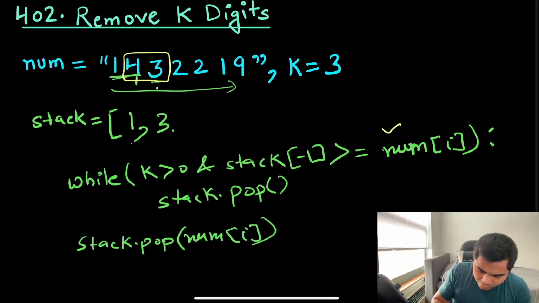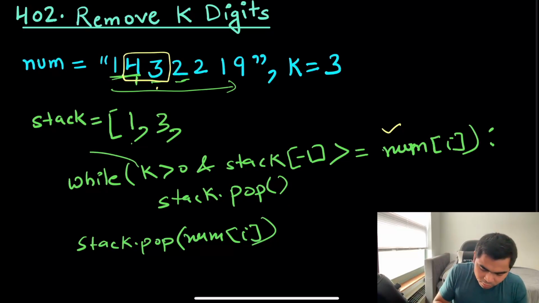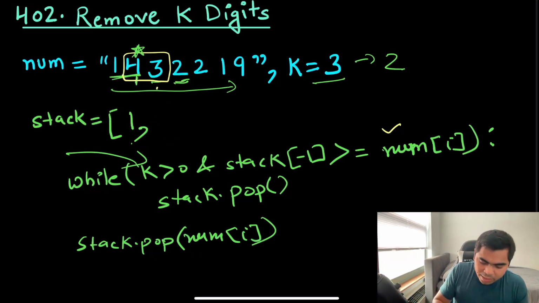Then we go to 2. Between these two, it's better to keep 2 and delete 3. But remember, this k is also coming down one by one. When we deleted 4, k came down to 2 because initially it was 3. Then I delete 3 because 3 is greater than 2, so I would rather keep a 2 here and append 2.